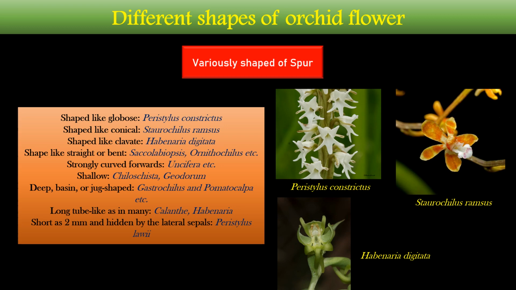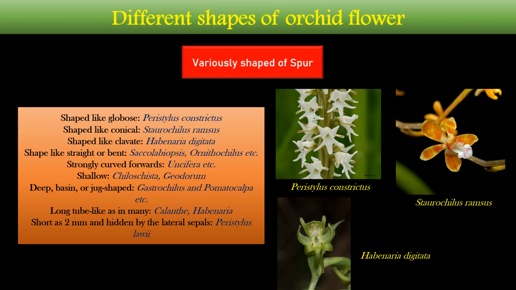Then comes to our long tube-like, as in many. So that is Calanthe and Habenaria. So the spur will be tube-like and there are many in number. Then comes to our short, as 2 mm and hidden by the lateral sepal.